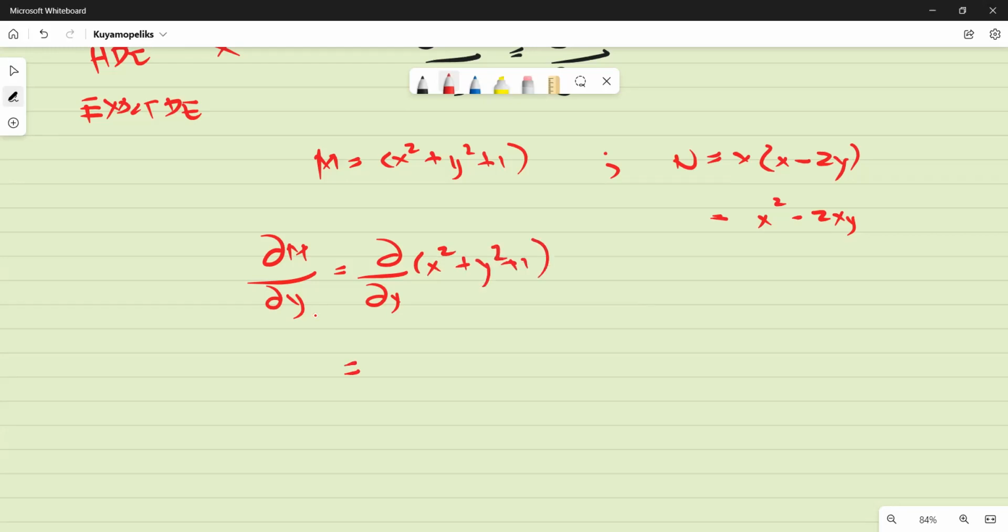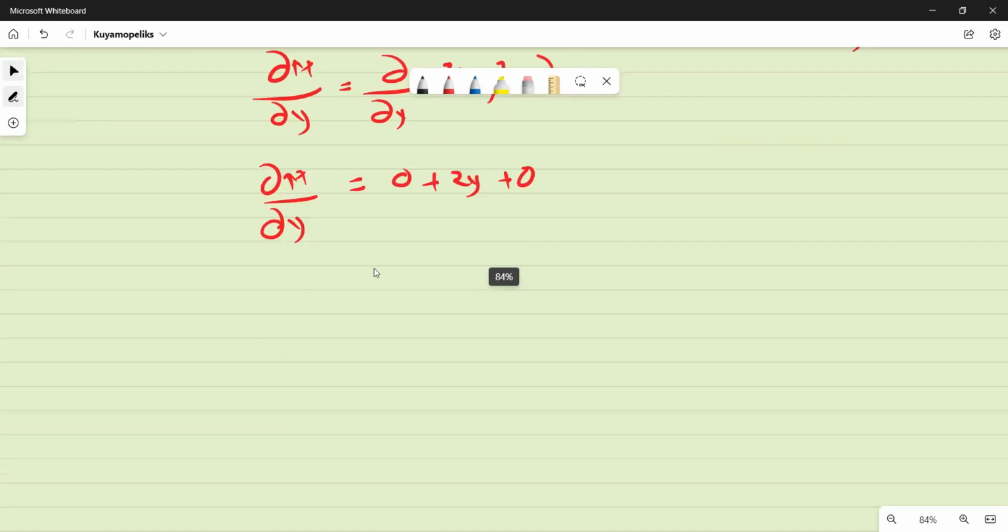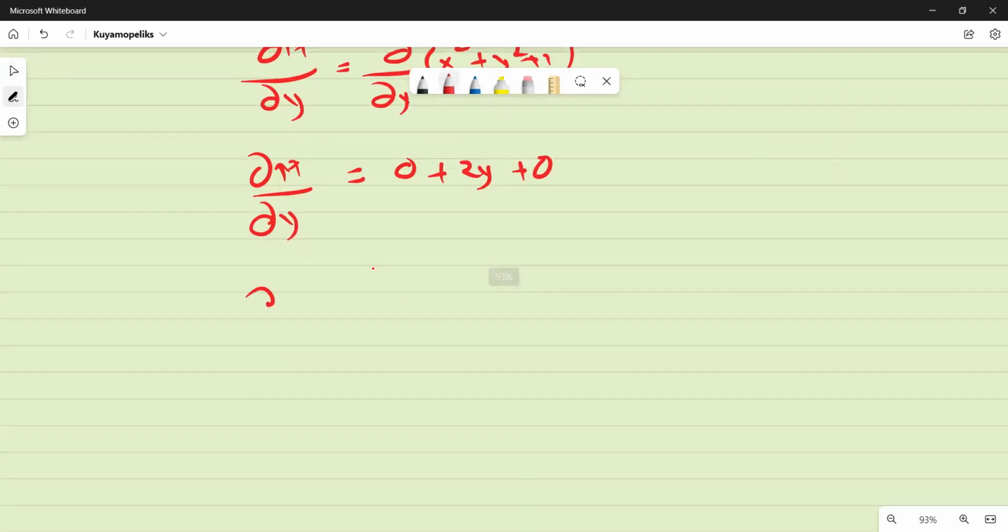So the partial of M with respect to y: since x squared is constant, that is 0, plus 2y, since the derivative of y squared is 2y, the 2 comes down and we subtract 1 from the exponent, plus 0. We can simplify that into 2y.